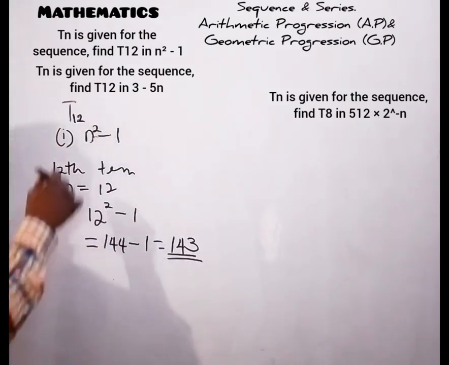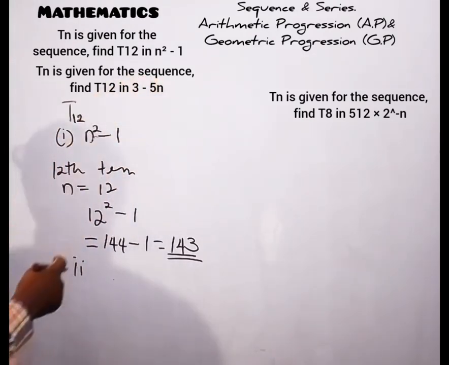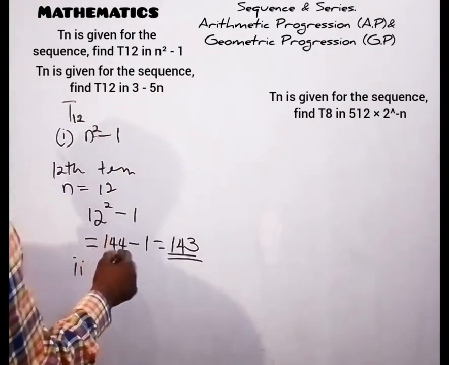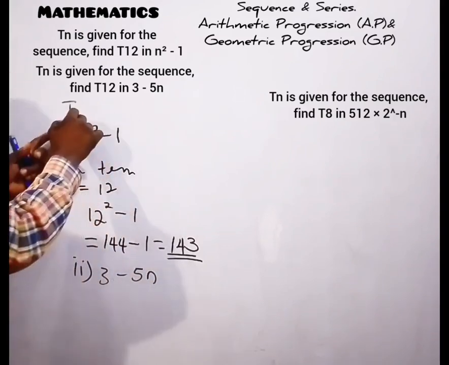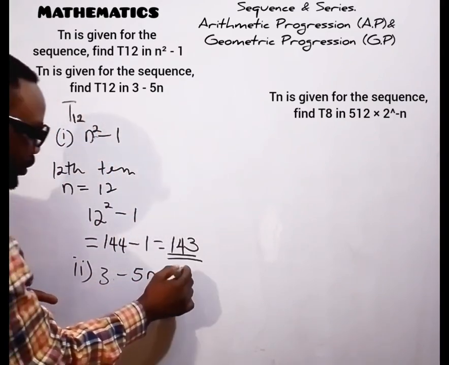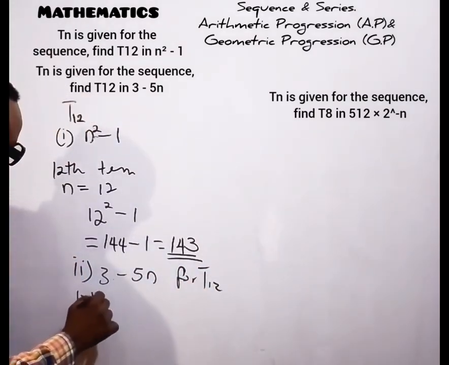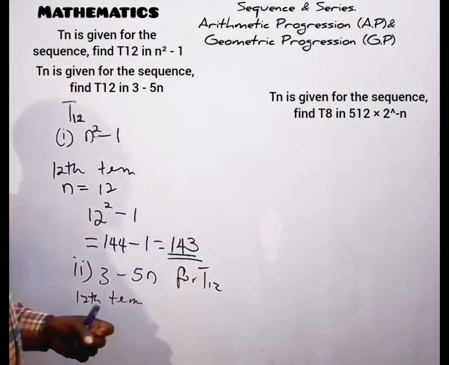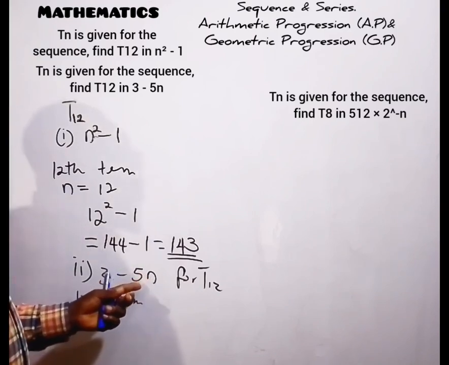Now, the second question says that we should find the value of 3 minus 5n for T12, the 12th term. So don't forget that I have told you that the number of terms is the value of n.